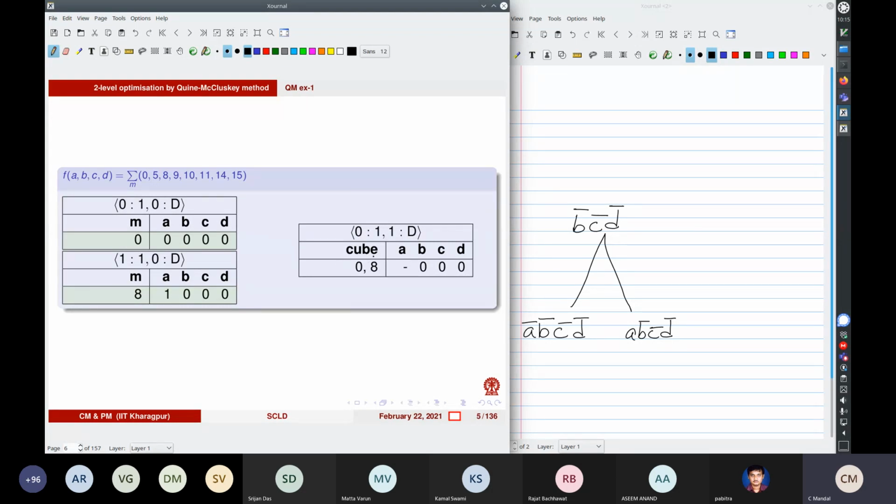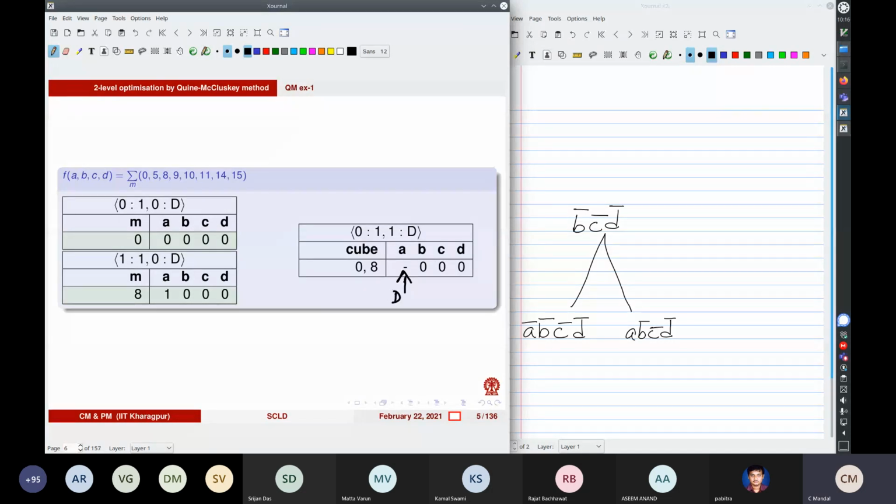That is also a cube. All of these product terms are called cubes. That cube is the result of joining the two cubes 0 and 8. Over here, the number of ones is 0, and you have got one don't care term. This is a don't care.